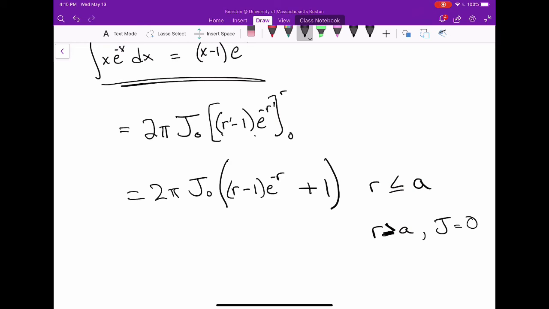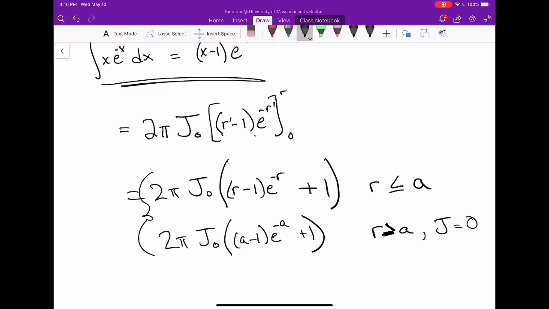So if r is greater than or equal to a, then we have to substitute in a for this varying value of r. So we have a minus 1 e to the minus a plus 1 for our two different values of the current flowing through the surface that is enclosed by that contour.